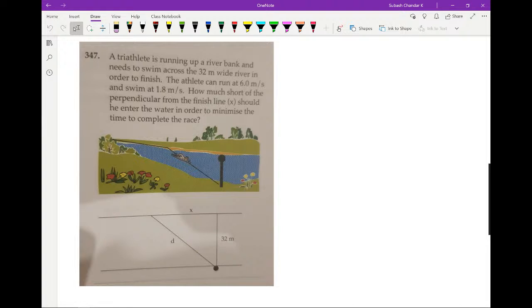The athlete can run up to 6. What doesn't make sense is it doesn't actually tell us how much distance it is. This is why I ask him to send me the answer, because sometimes these guys ask really silly questions and make us think. Why is it 32?